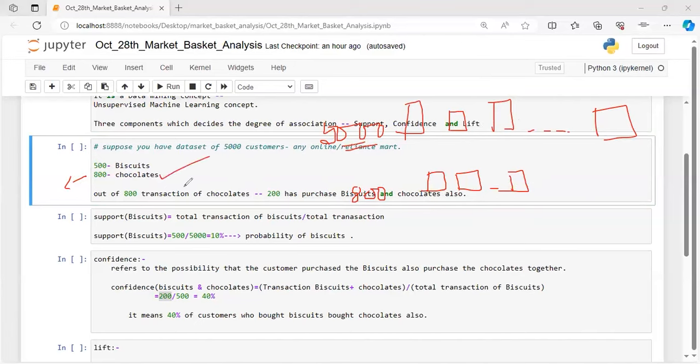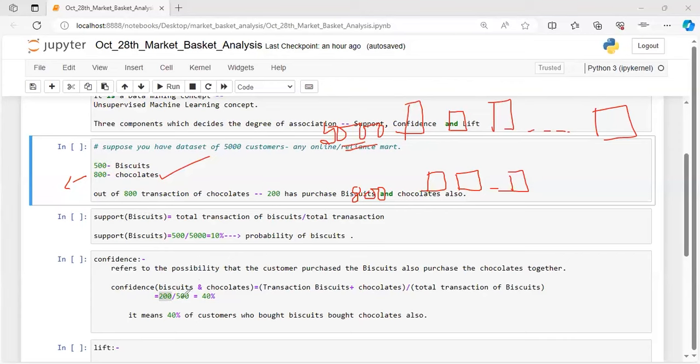And now we want to see the sale of chocolate. What is the combination of the sale of chocolate with the biscuits? So we will take care of the biscuits, which we have done here, where these two are together. Biscuits and chocolates are together: 200 where biscuits and chocolates are together, divided by biscuits.